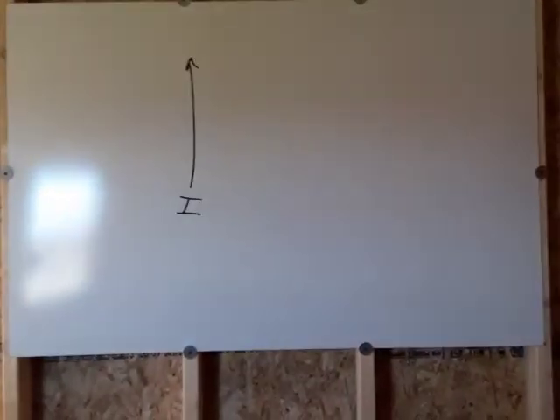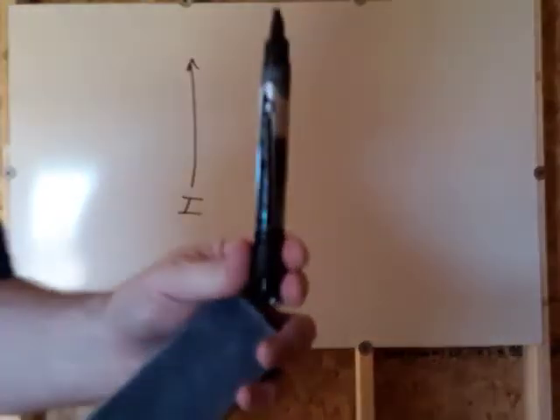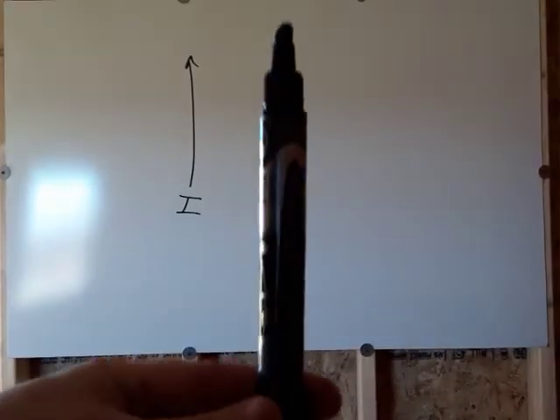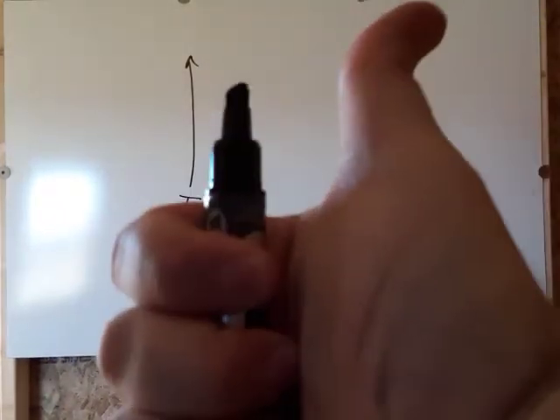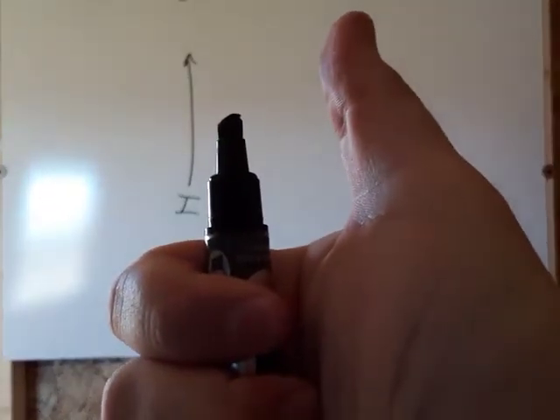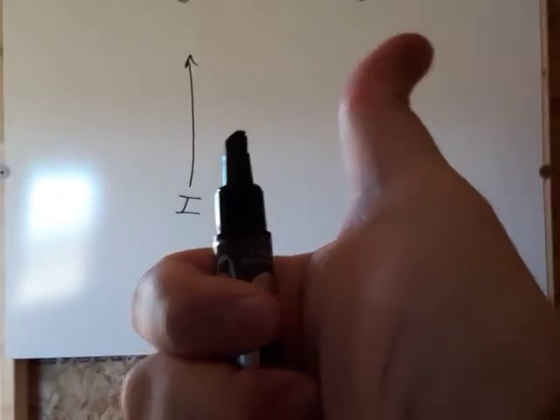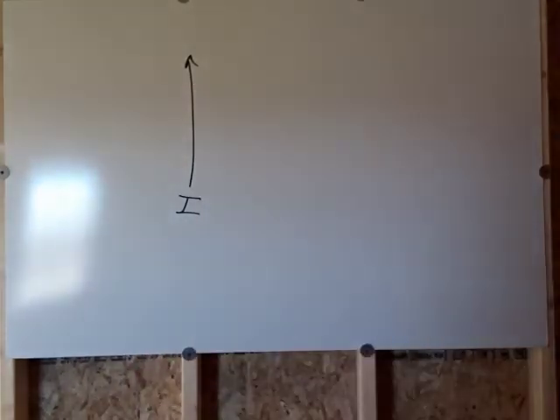And we drew in the field around it, and we talked about that. That was the right-hand rule. We have our current here, and what we're going to do is grab and use that to tell the thumb is the direction of the current and your fingers are the direction of the field.